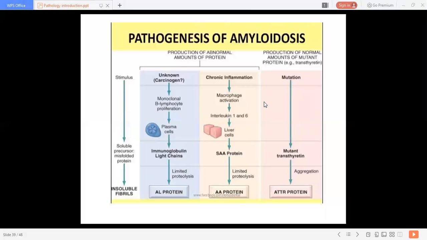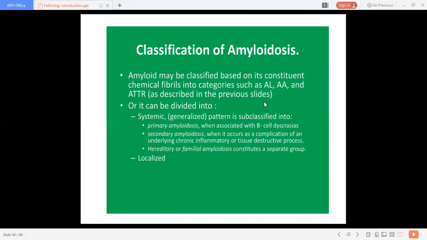Next we discussed the classification of amyloidosis. Amyloid is classified into systemic amyloidosis and localized amyloidosis. Systemic is generalized primary amyloidosis. It often involves the connective tissue above the diaphragm.